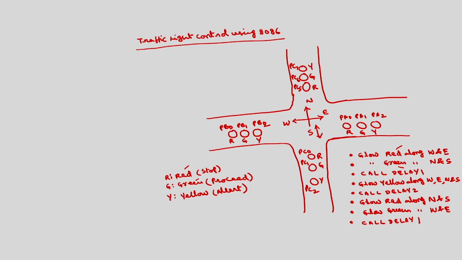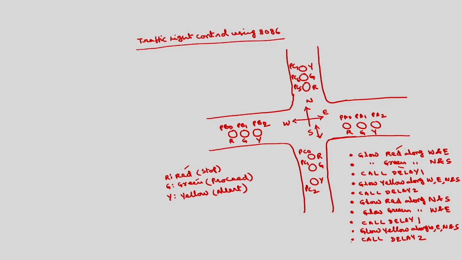Then you have to glow yellow along all the directions, W, E, N and S, and call delay 2. Then you have to reverse the procedure.